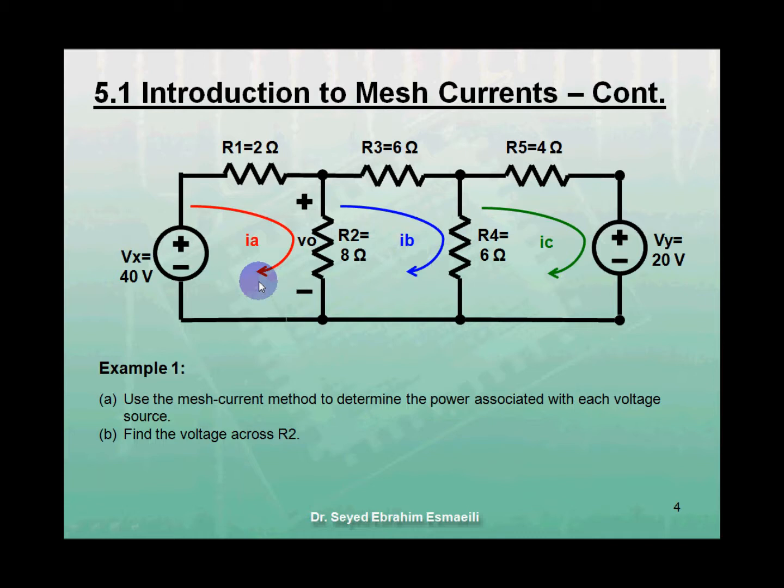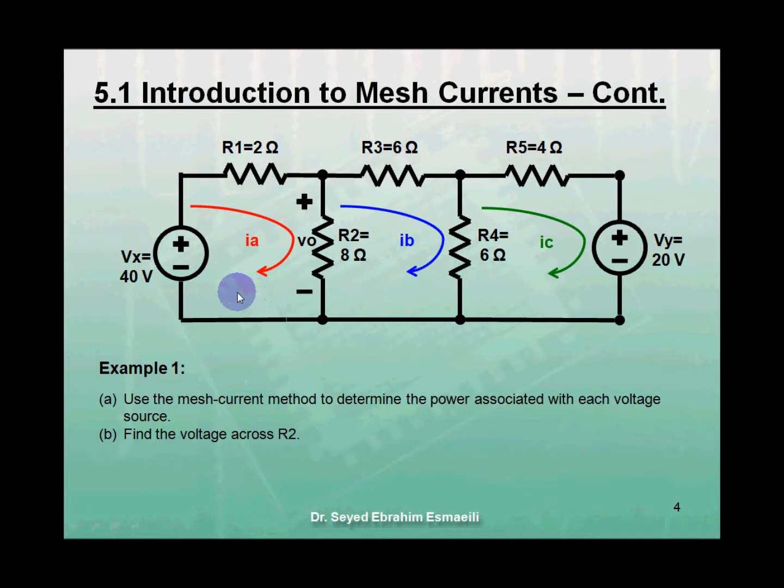The current flowing in the first mesh is IA, the current flowing in the second mesh is IB, and the current flowing in the third mesh is IC. When we apply KVL, we should note that the voltage drop is always in the direction of the individual mesh current.